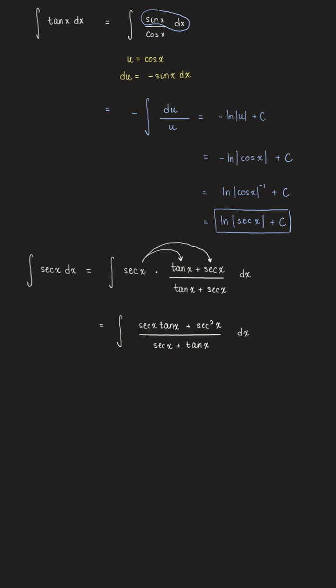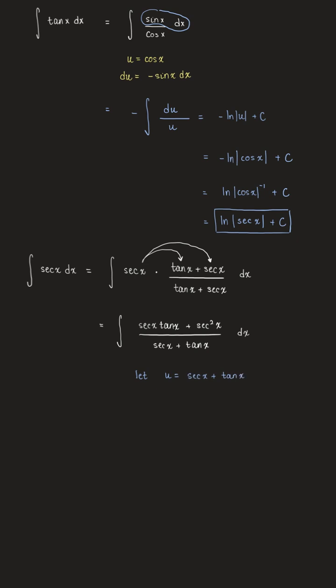And I am going to do a u sub because you might notice that the numerator is the derivative of the denominator, because the derivative of secant is secant times tangent, and the derivative of tangent is secant squared. So we can transform the integral using a u substitution. I'm going to let u be the entire denominator, which is secant x plus tangent x.